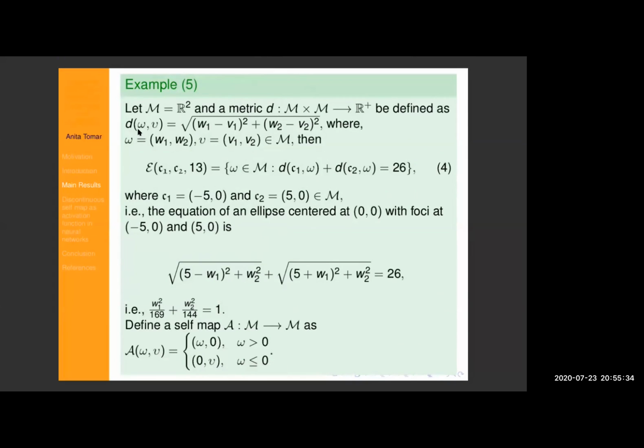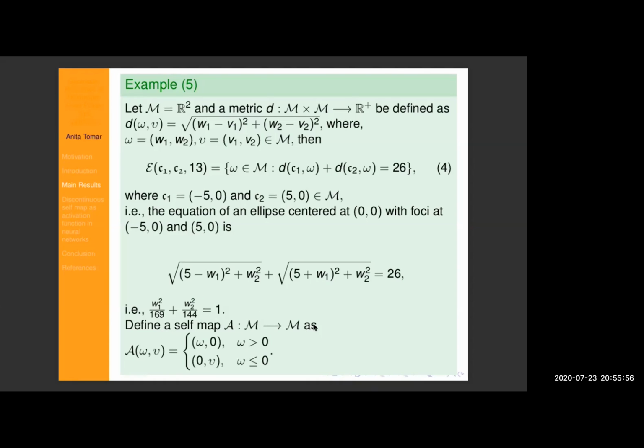If we define a metric d(W,V) equal to (W1 minus V1) whole square plus (W2 minus V2) whole square, and we take one focus at (-5, 0) and another at (5, 0), in that case, the equation of the ellipse will be W1 square upon 169 plus W2 square upon 144 equal to 1.